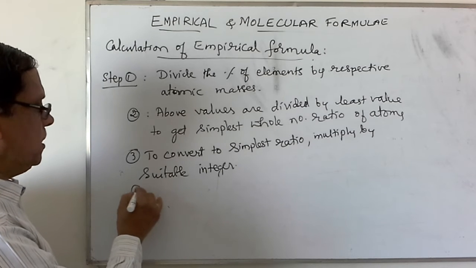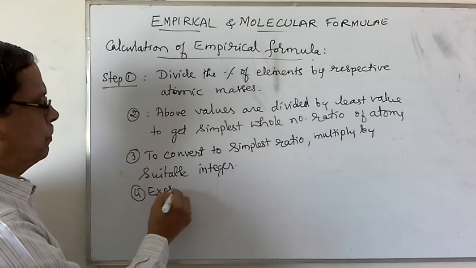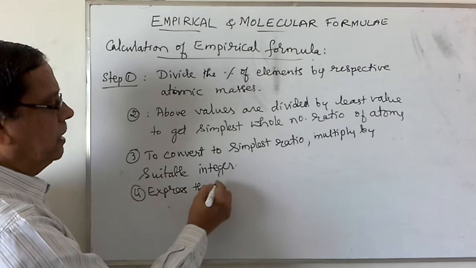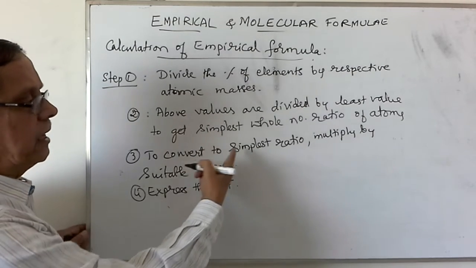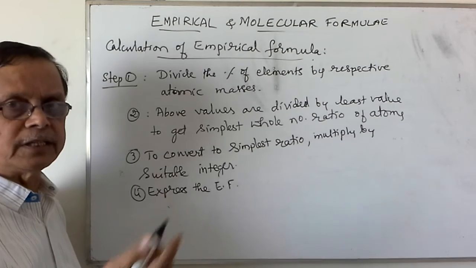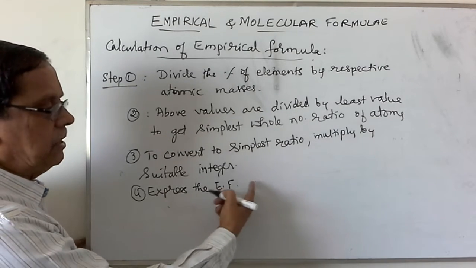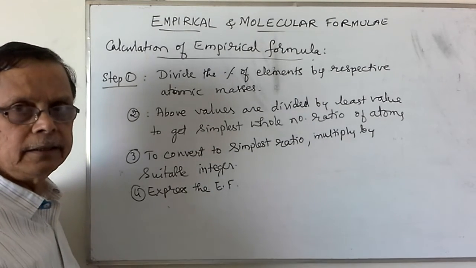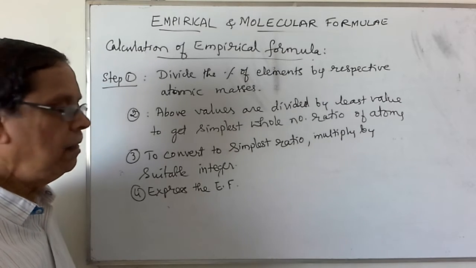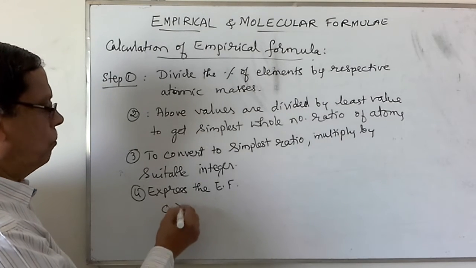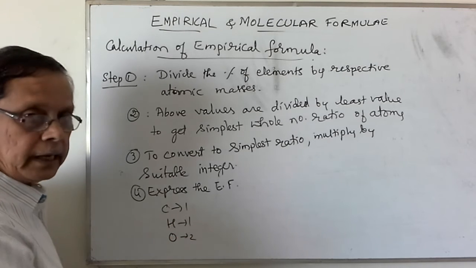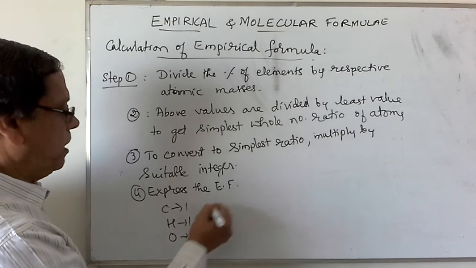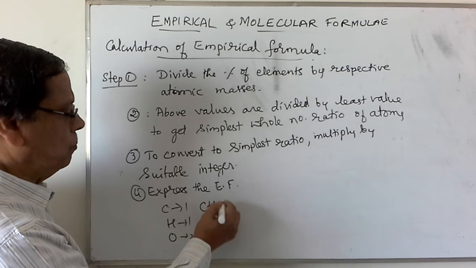Then you have to express the empirical formula. For example, if you get carbon as 1, hydrogen as 2, oxygen as 3, etc., then we write CH2O3 like that. Suppose you get carbon 1, hydrogen 1, oxygen 2, etc. Then the empirical formula must be written as CHO2.